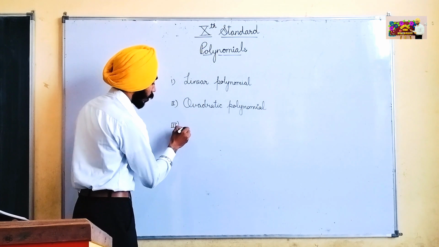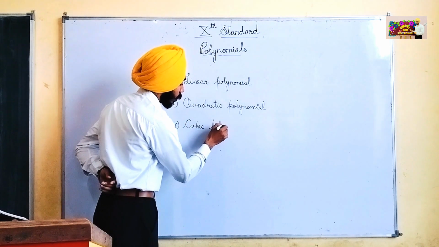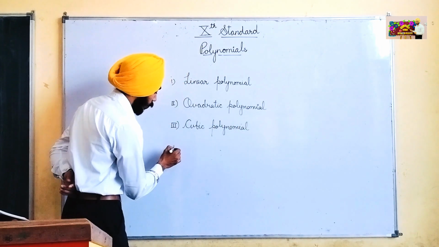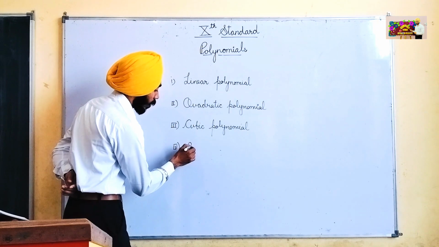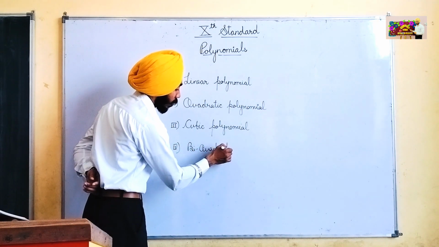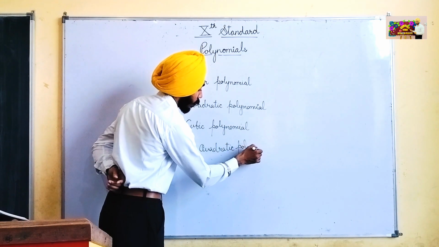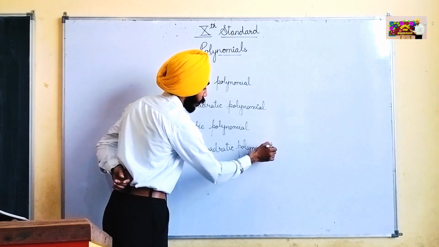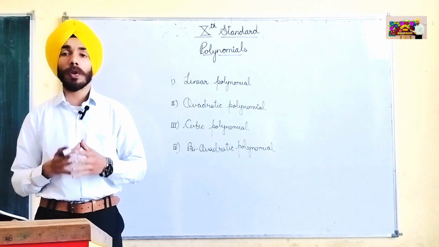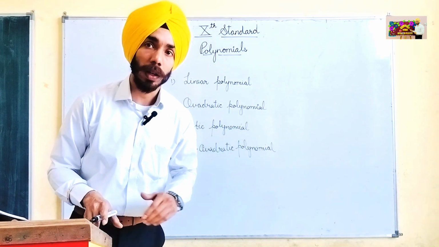Third one is cubic polynomial. Fourth one is biquadratic polynomial. These are the types of polynomials that are based only on the degree of polynomial.